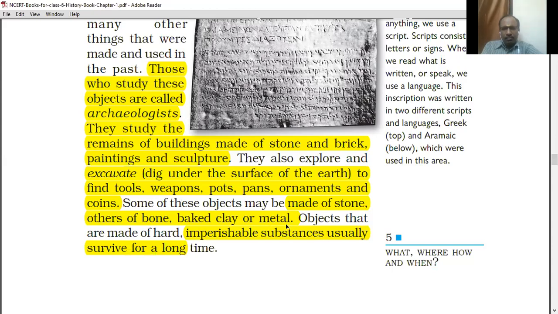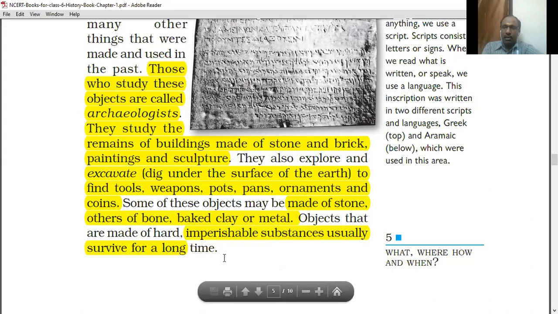And they are able to study bone, baked clay or metal objects that are made of imperishable substances, which usually survive for a long time. We could see the pot or terracotta toys. Terracotta is the pot which is made of clay.